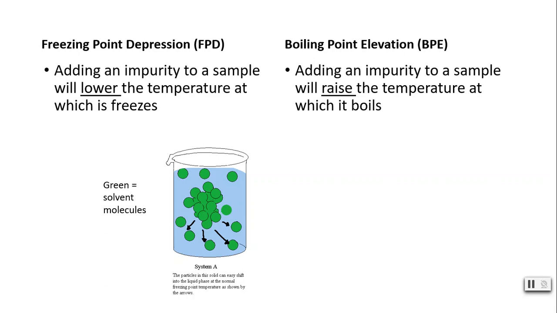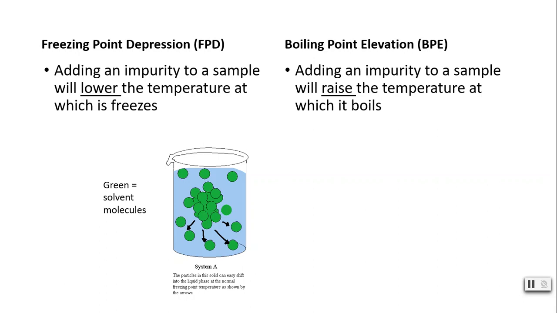If you go back and look at that data, you should see that the sample with the impurity, with the benzoic acid, froze at a lower temperature than the pure acetic acid. That's because of this concept of freezing point depression. Adding an impurity lowers the temperature at which that acetic acid freezes. If you don't remember that, that's fine. We're going to actually do a practice problem regarding those concepts in a subsequent video.